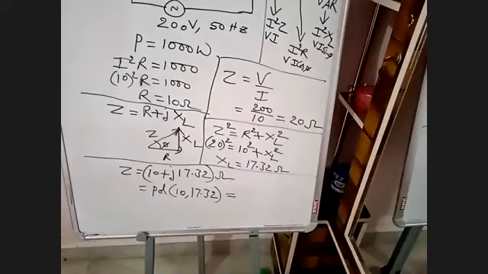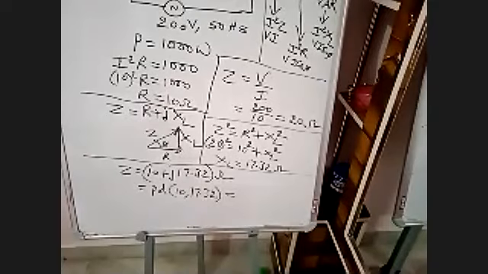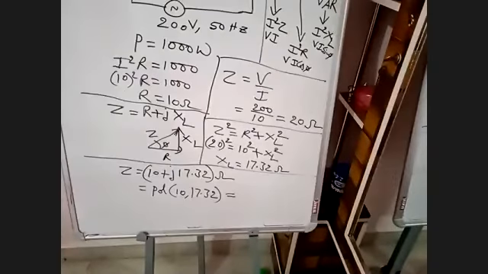Press shift and POL. Yes, sir. Okay. You press shift POL. You will get that. POL 10, comma 17.32. What are you getting?